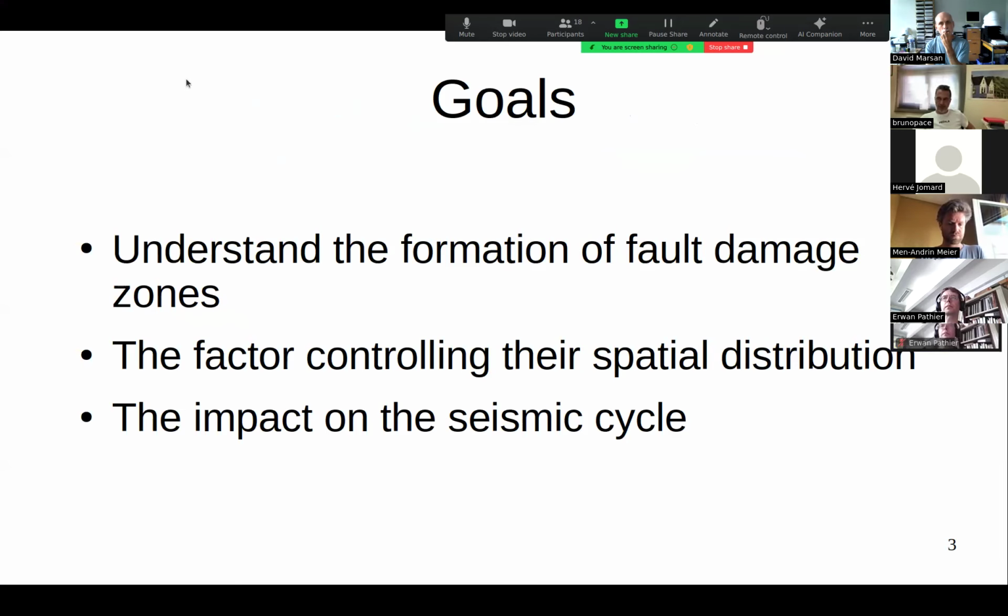Just a quick reminder that the goal of my PhD is to understand the formation of fold damage zones, the factors controlling their spatial distribution, and their impact on the seismic cycle.